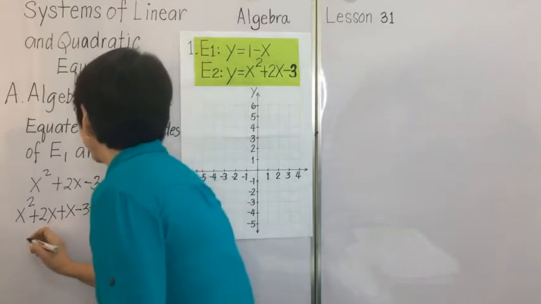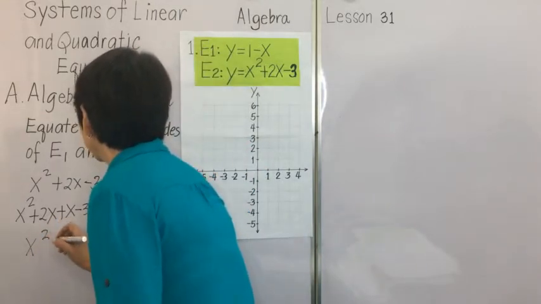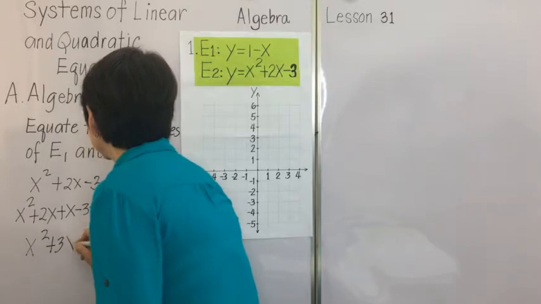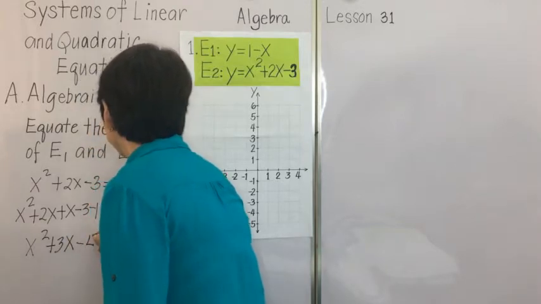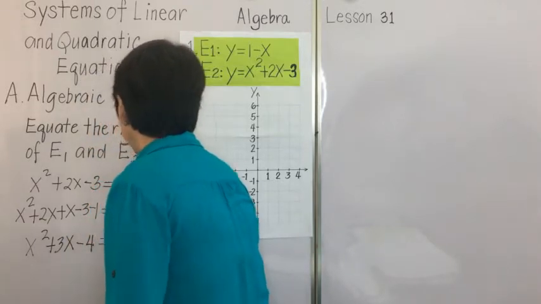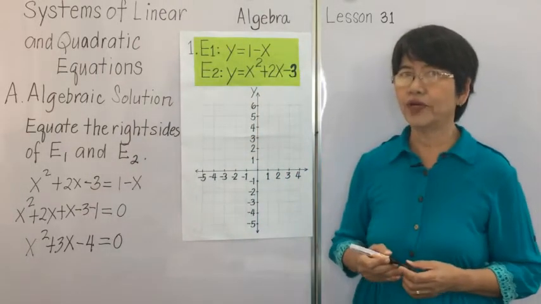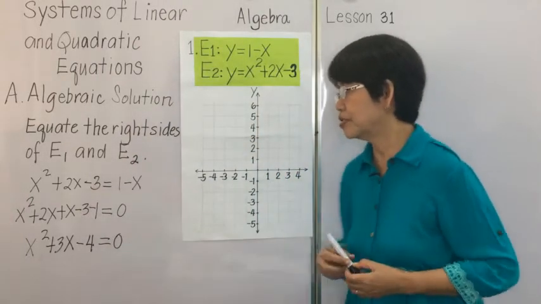So we have x squared plus 3x minus 4 equals 0. And we can factor this expression.